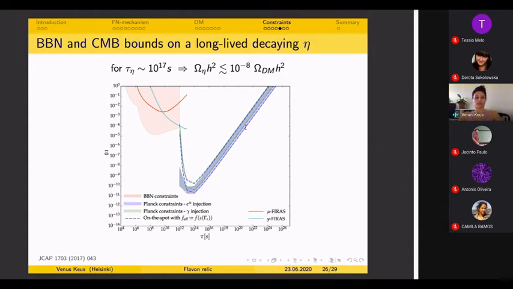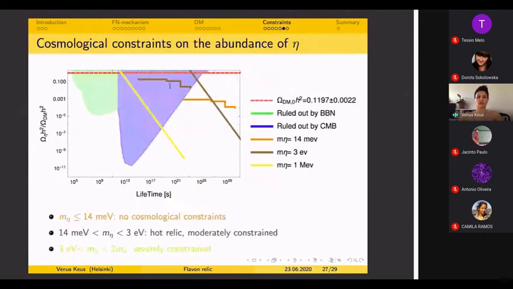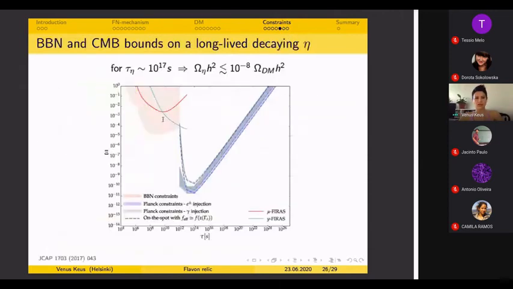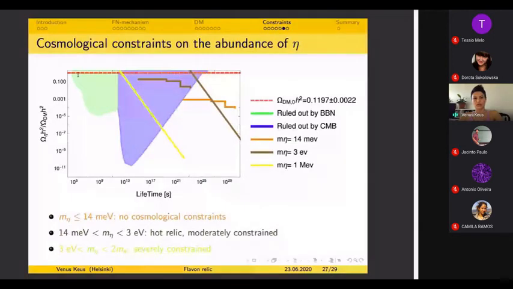It shows you that if you want to have a decaying dark matter, you would really have to worry about astrophysical bounds. So what we did was translate, or digitize, this plot into our kind of plot form. This is exactly the same thing. The BBN bit I've shown by a green colored region, and the CMB ruled out bits are the blue regions.